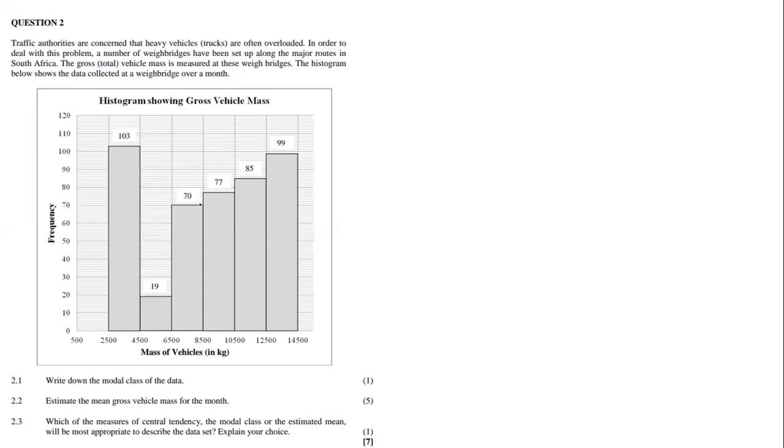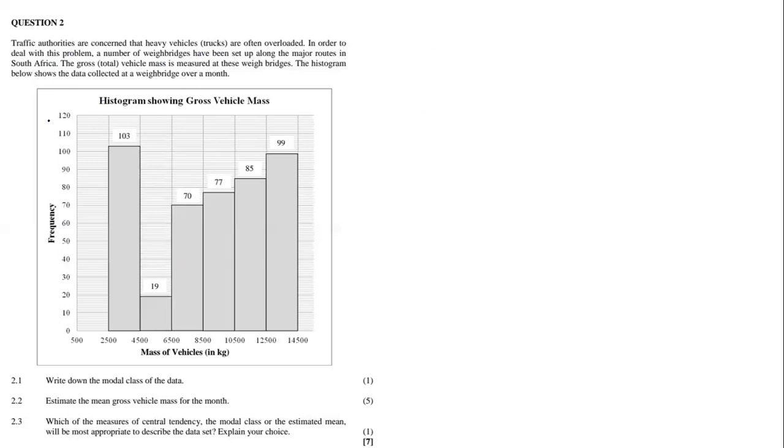So what we see on this histogram, we are provided with data. Remember, this is statistics collected by traffic authorities. On the bridges, they use the weigh bridges to weigh the cars that go over that bridge. Okay, so those weigh bridges weigh the mass of the cars, right? Now, these are the number of weigh bridges. On the y-axis, we have the frequency.